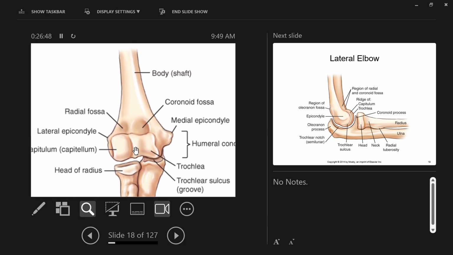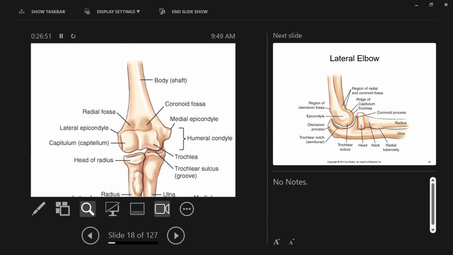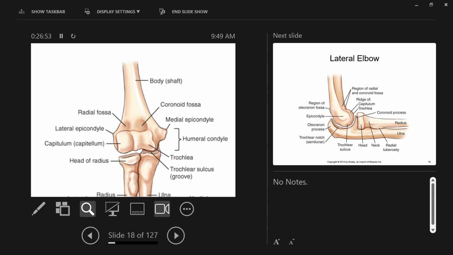I want to now talk about the distal humerus. Okay, so distal humerus. Distal humerus is going to have articulations, smooth spots on it, so that the radius and ulna can butt up against it and move against it. Okay, so here we go.